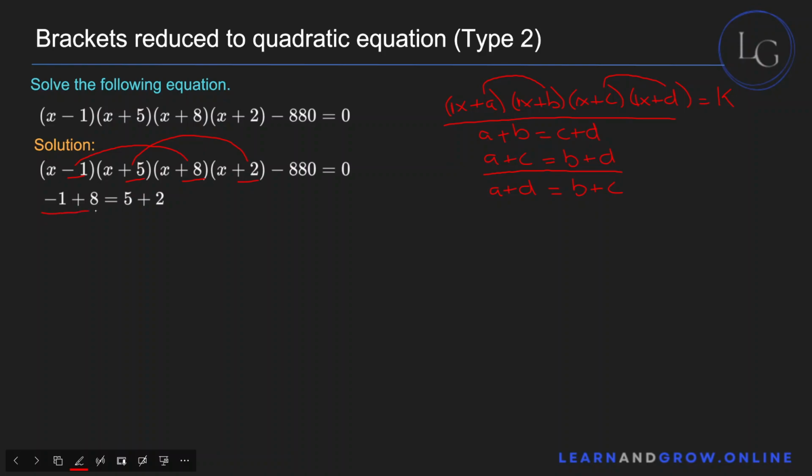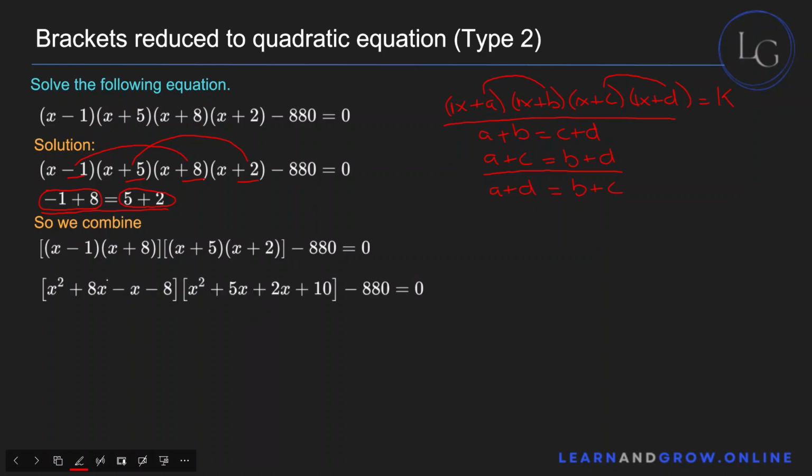Hence, the condition is satisfied. So what we'll do now is combine this side and this side. x minus 1 and x plus 8 will be multiplied in one bracket, and x plus 5 and x plus 2 will be multiplied in one bracket, and then this constant will remain as it is.